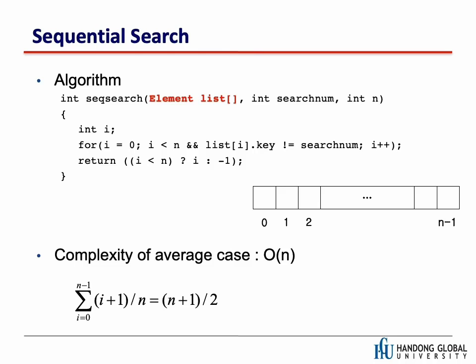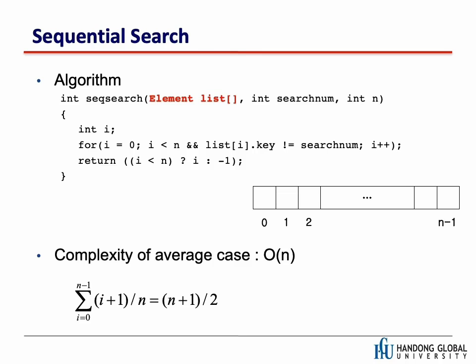If list[i].key is the same as the search number, then we found it, we can quit this for loop, and we return. If i is less than n, then we return i, because list[i] is the target element, okay? Otherwise, we return -1, which means we couldn't find the target number here, okay?